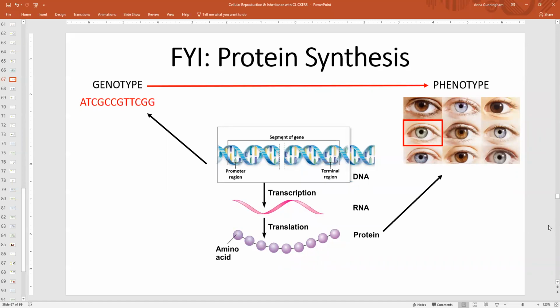This is really important for inheritance because we will talk about genotype and phenotype, because what you inherit are genes. What is passed down in DNA is genes, but if your mom has blue eyes and your dad has brown eyes, how do you end up with green eyes?